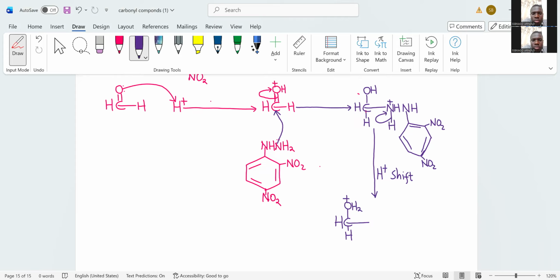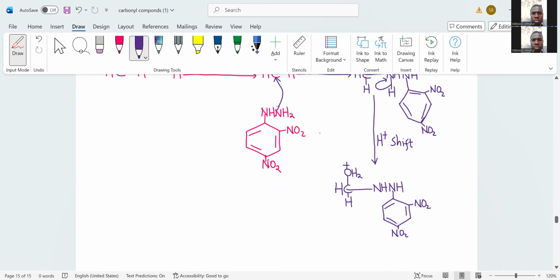C carries N, which N has H, N, H. So oxygen is electron deficient.